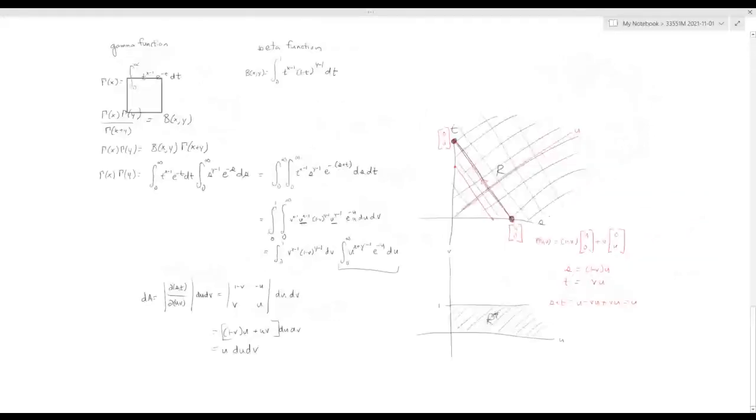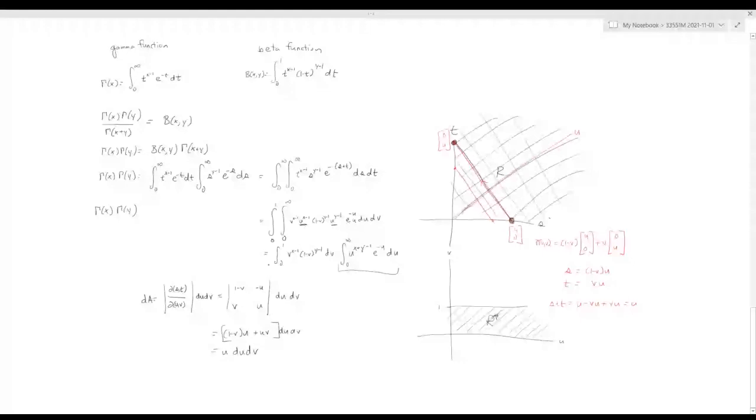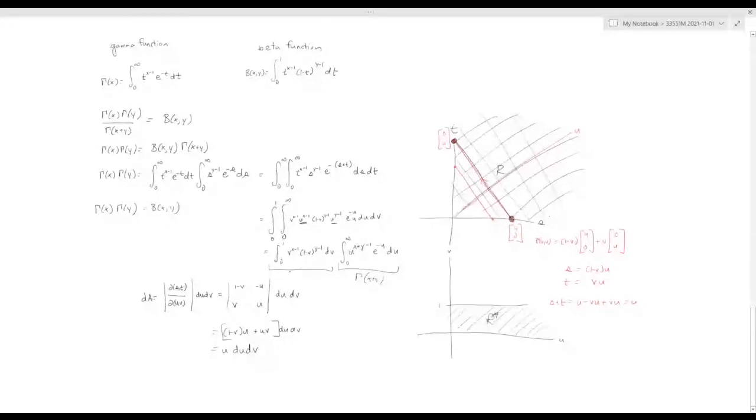So our variable is u instead of t, but this is gamma of x, gamma of y. Now this integral is by definition the beta function. This integral is by definition gamma at x plus y. So there you go.